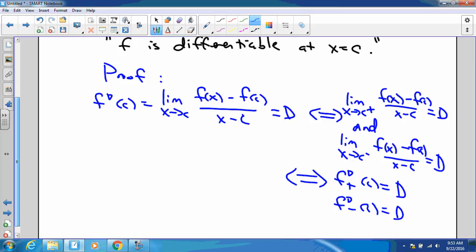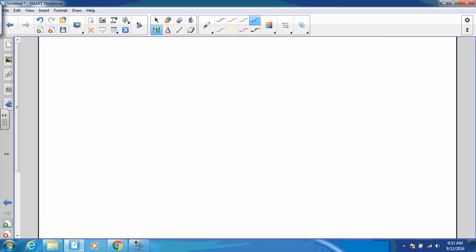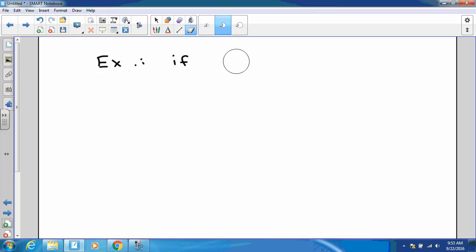So that's our quick and easy theorem. Now let's look at some examples. Ready? The spirit of this first example is that derivatives from the left and right are not magic.